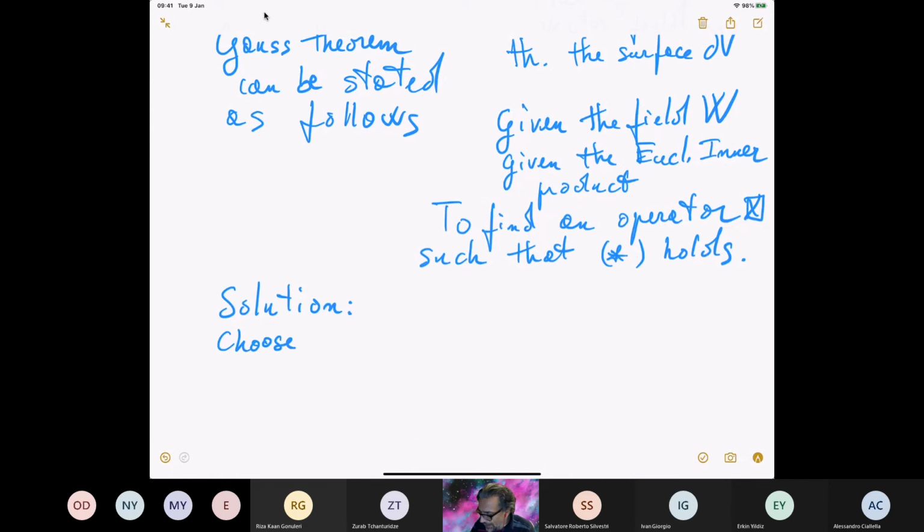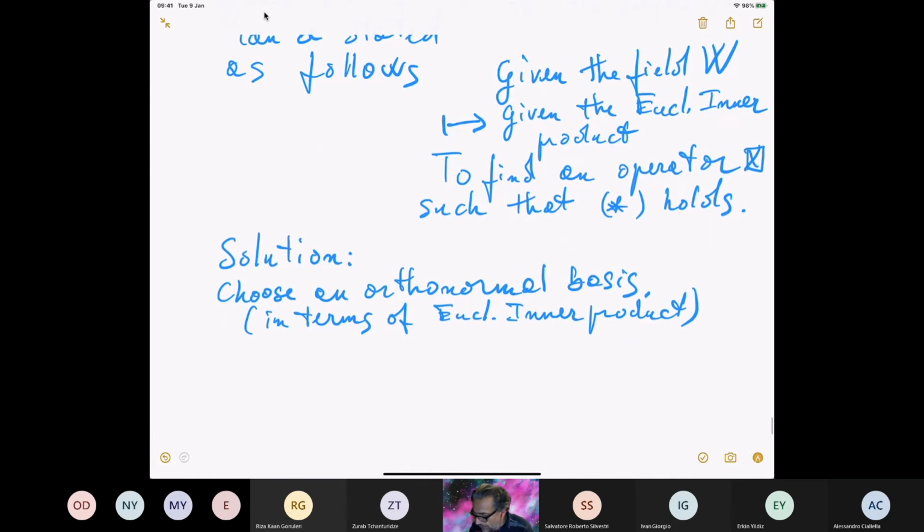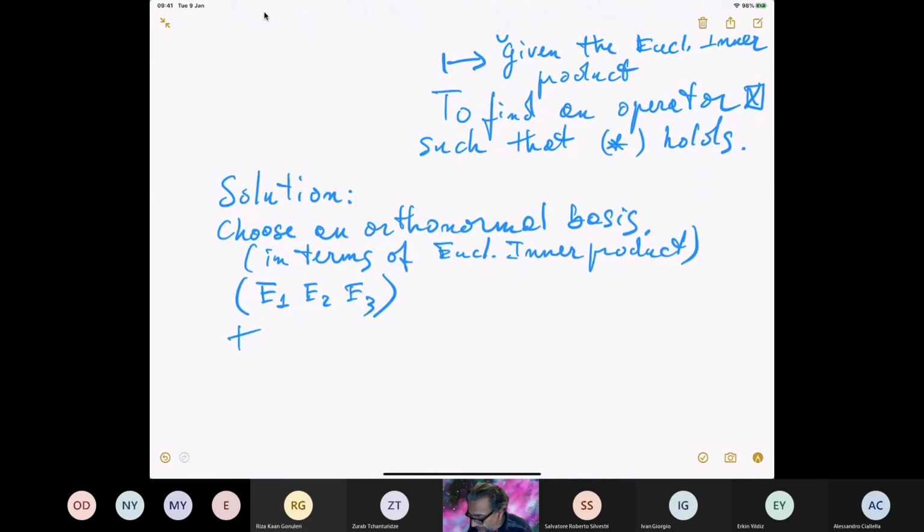Choose an orthonormal basis in terms of the Euclidean inner product. Okay, we call it E1, E2, E3. Then X1, X2, X3 are the associated coordinates.